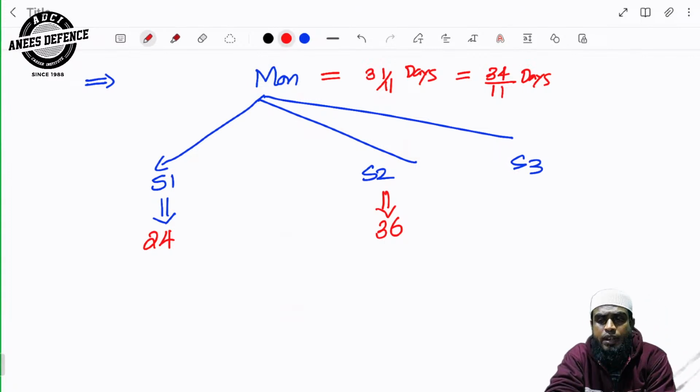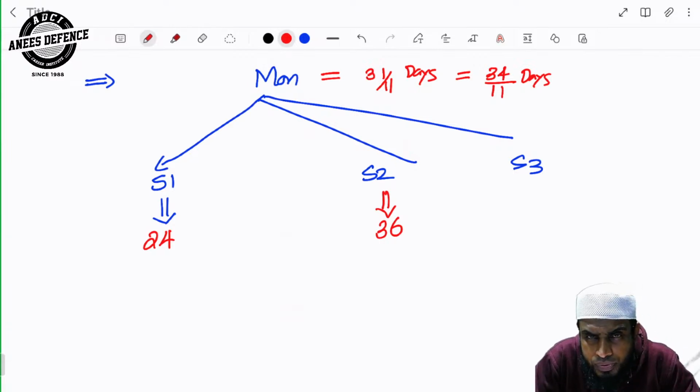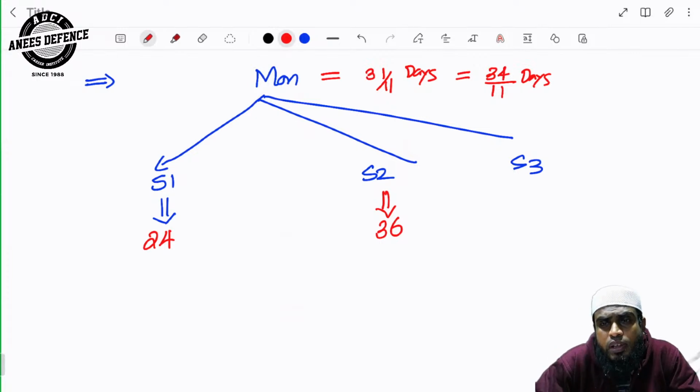Say a man has 3 sons. First son takes 24 days to complete a work. And the second son can do the work in 36 days. And third son we don't know. We will consider it as X. And the man himself can do the work in 3 and 1 by 11 days.